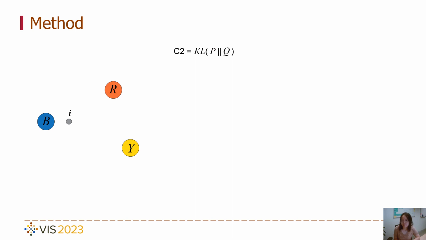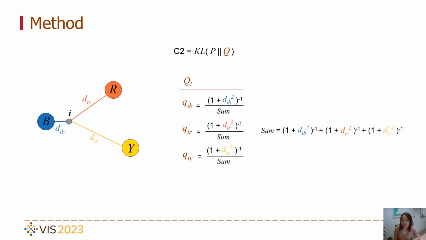Let's look at how we compute probability distribution Q, which measures similarity between data points and class landmarks in the 2D space. Similar to t-SNE, we determine distances between the point i and all class landmarks.